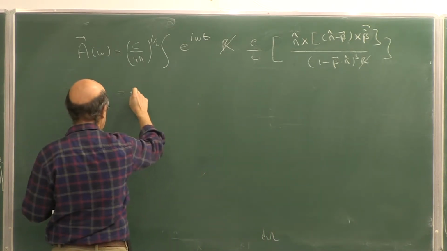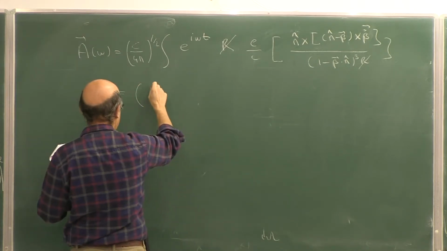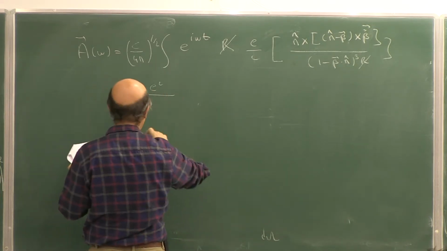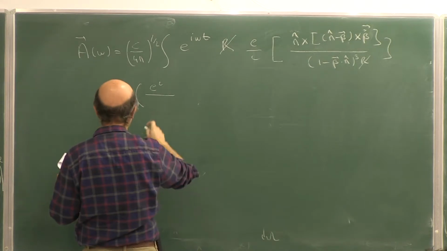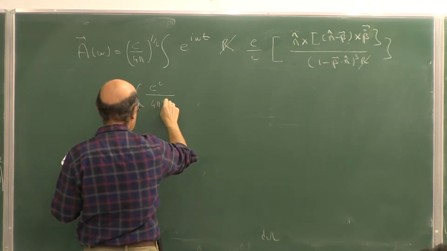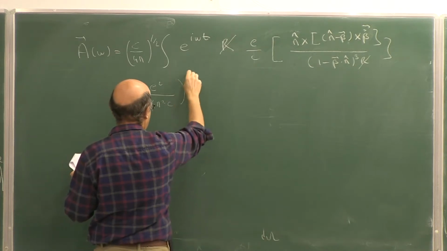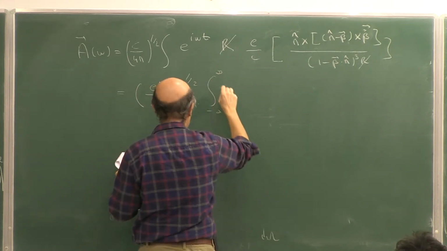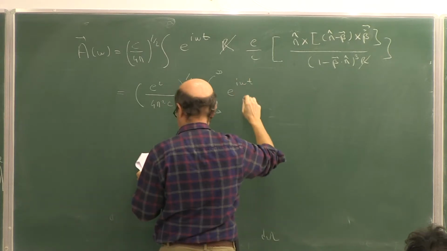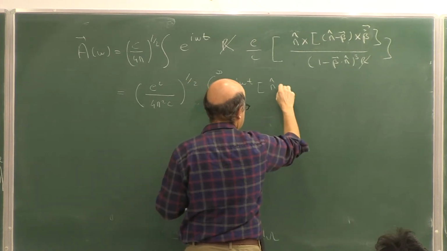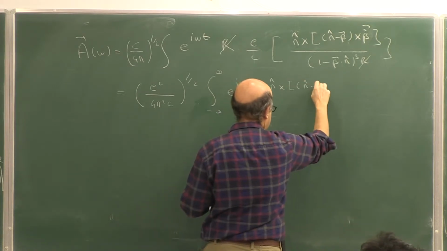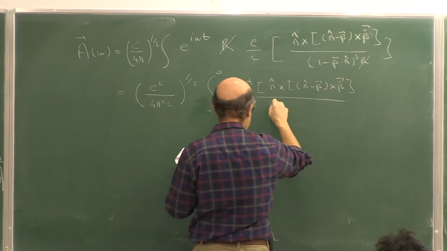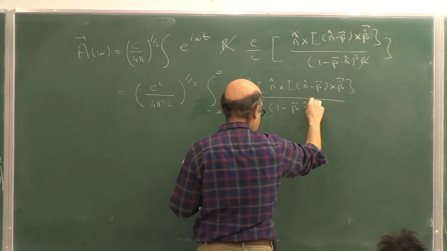And this coefficient takes what? e squared, the square root of 2, c squared, and that will be what? 4 pi squared over c to the power 1/2, the integral from minus infinity to plus infinity of e to the i omega t, n cross n minus beta cross beta dot, over 1 minus beta dot n cubed.